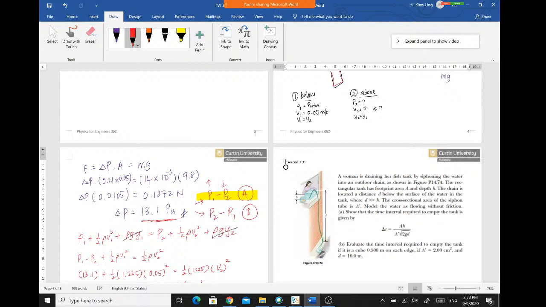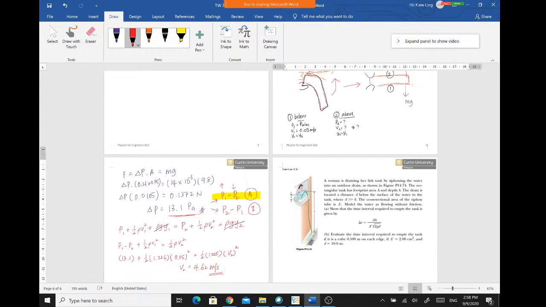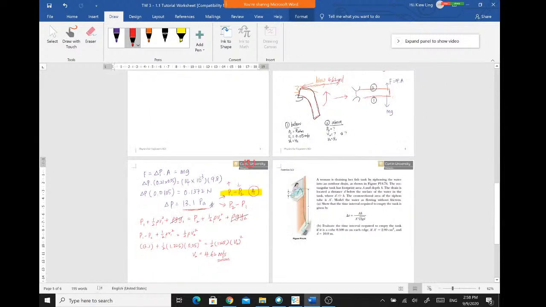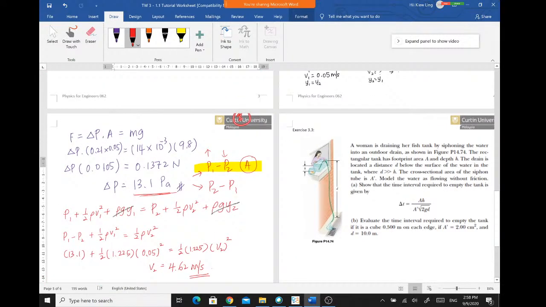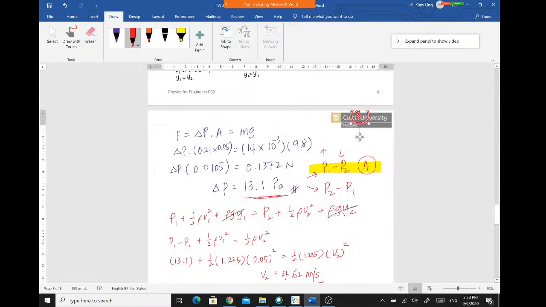Let's say again, the resistance, the viscosity. But the value will be more or less the same. So this is how we calculate a question like this. Something that is related to wings, on top and below.